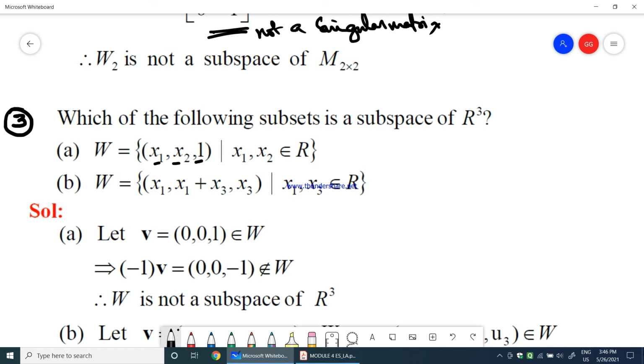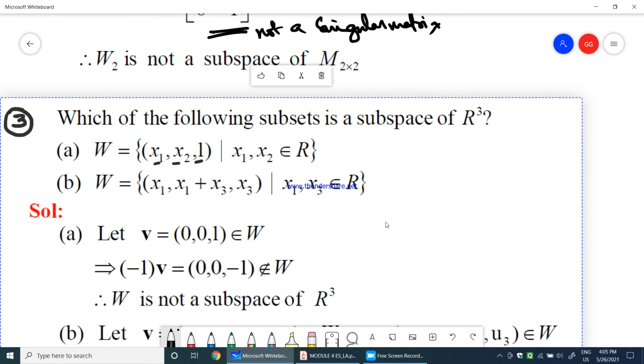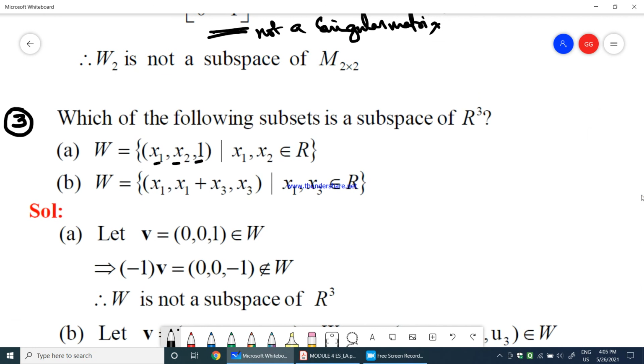Here W equals (x1, x2, 1), so this should be 1 always. That is what we need to check. If I take x1 and x2 equal to 0 and 0, and this is 1, then (0, 0, 1) will also belong to W. Now if I take a scalar, minus 1, and multiply with this vector V, this remains 0, 0, but this becomes negative 1.